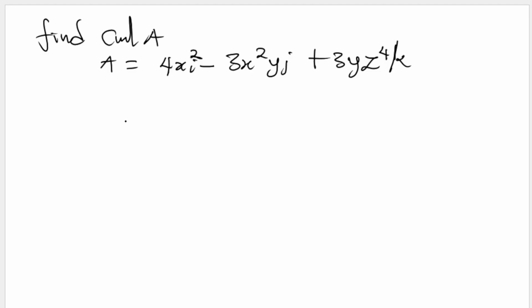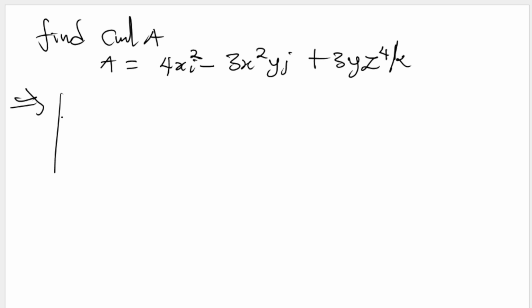Now, without further ado, let's go over to the approach in solving the curl of the electric field vector A given to us. If we want to solve this, we are going to use the matrix method. Using the matrix method, you first bring out your components, which are i, j, and k.